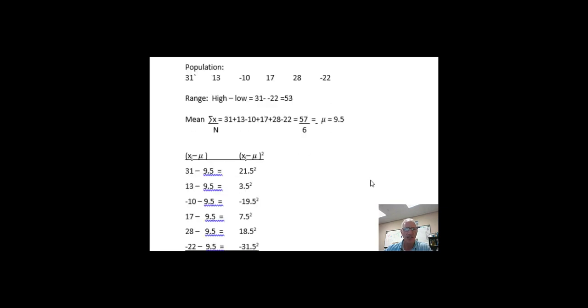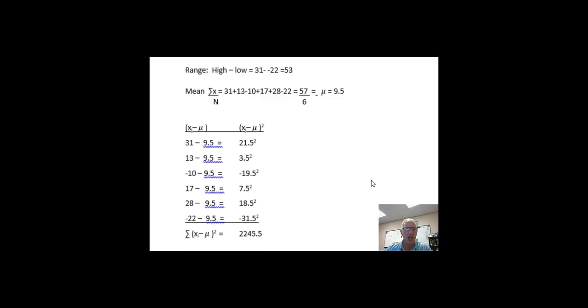Now, for the next step in calculating the variance and the standard deviation, we need to subtract the mu we calculated from the observations. So we subtract mu from each observation, then we square that term, and then sum up the squares. One of the easiest ways to do that is a table.